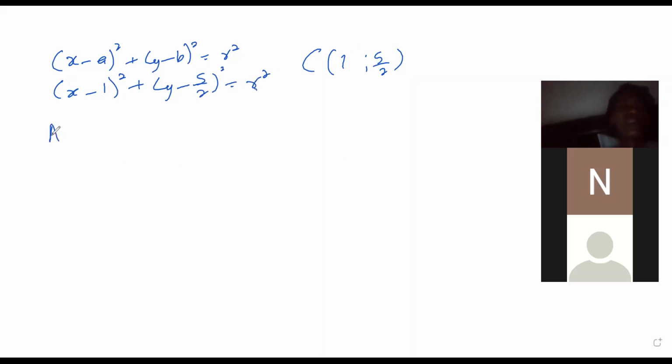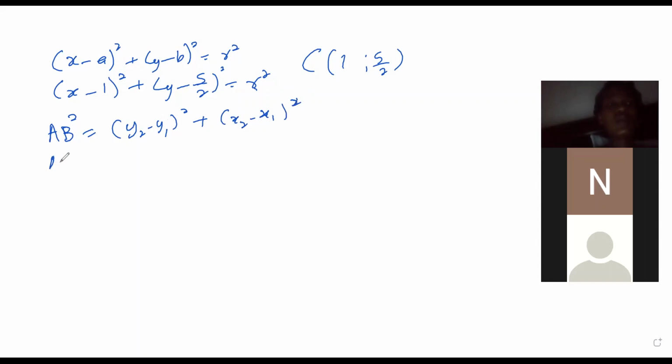r is the distance. The distance formula, AB squared, is x minus x, I think, x1 minus x, or x2 minus x1. Let's see again. What is that distance formula, guys? It's y2 minus y1 squared plus x2 minus x1 squared.